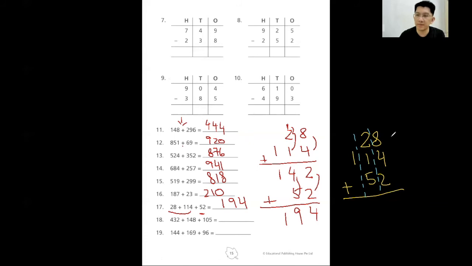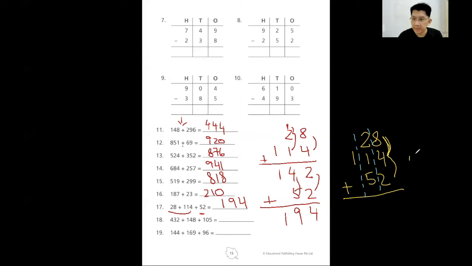There's nothing different from what we learned earlier. So 8 plus 4. What is that? Okay, that's 12. And then 12 plus 2, the one at the bottom. 8 plus 4, 12 plus 2, 14.